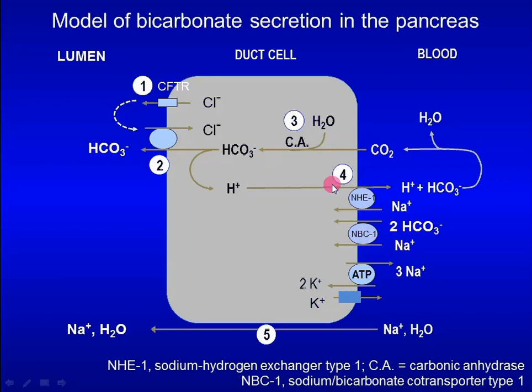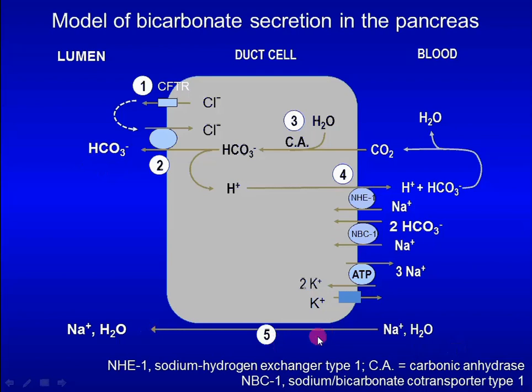An electrical and osmotic gradient initiated by bicarbonate drives sodium and water to cross the epithelium through the tight junctions.